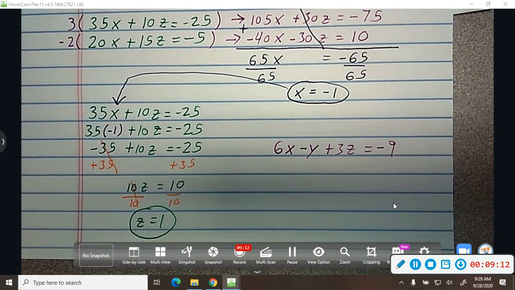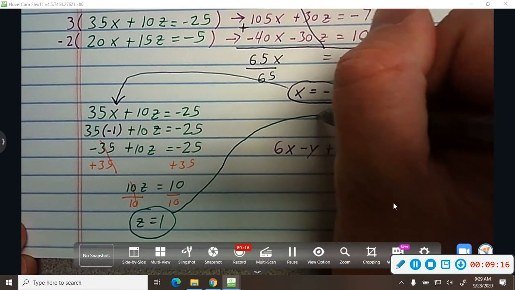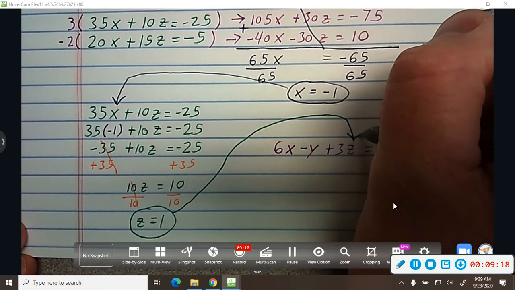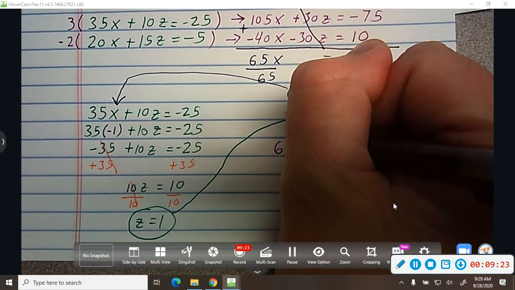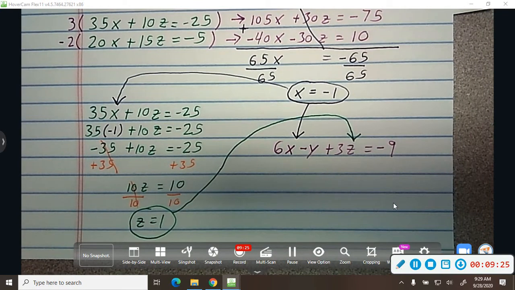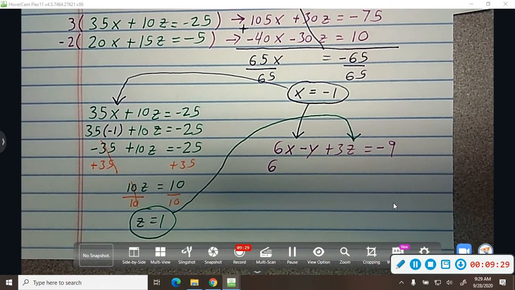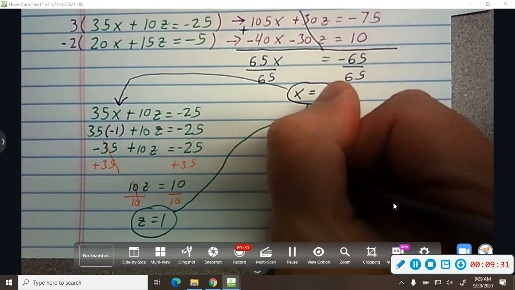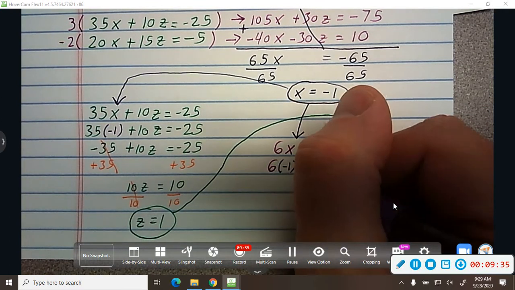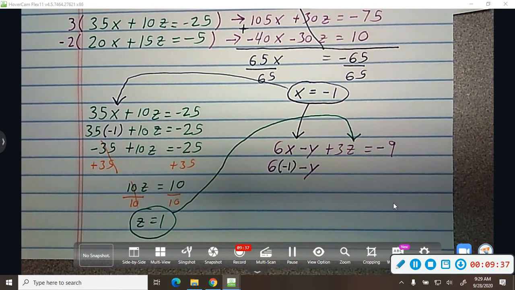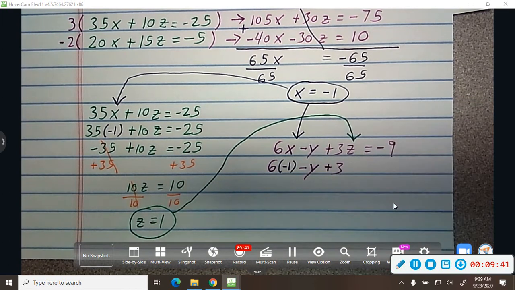But now I know z is 1, and I know x is negative 1. So I get 6, but x is negative 1, and then y, and then z is 1.